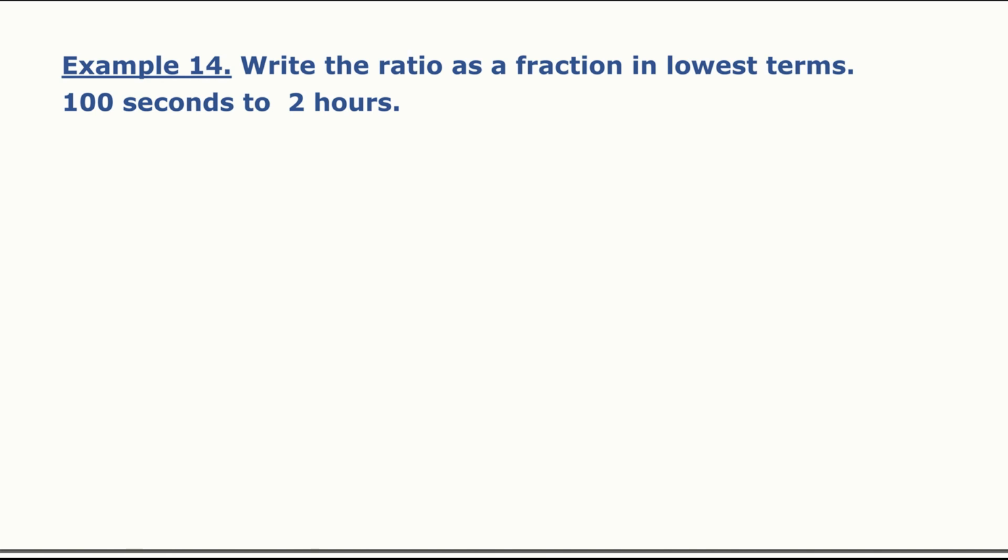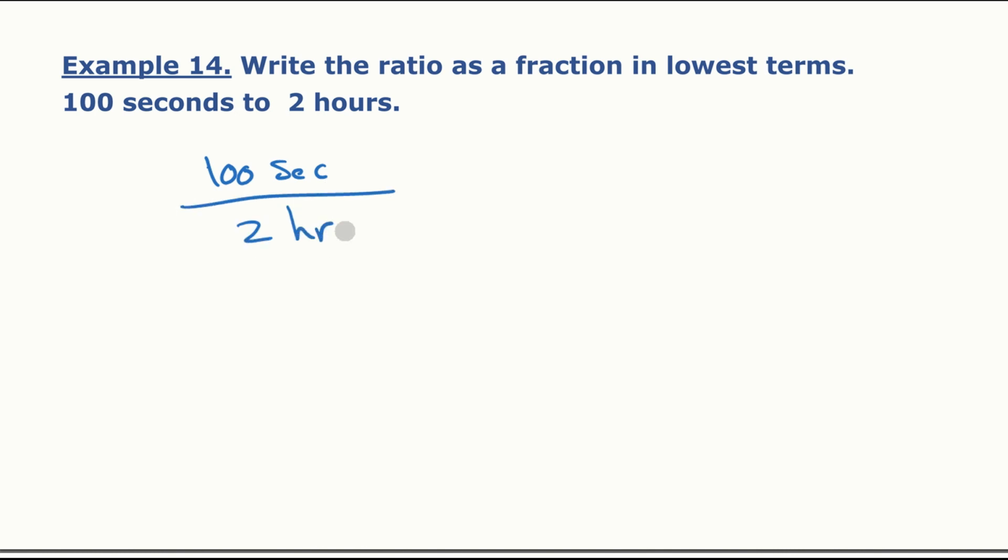In this problem, we're going to write a given ratio as a fraction in lowest terms. Now, if the units are convertible, we should be able to get rid of the units altogether. All right, so we want the ratio of 100 seconds to 2 hours.